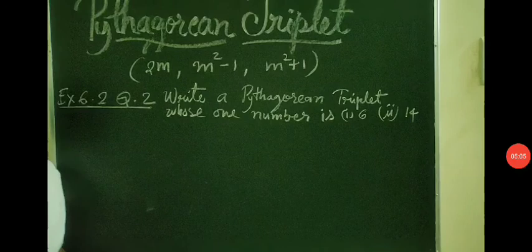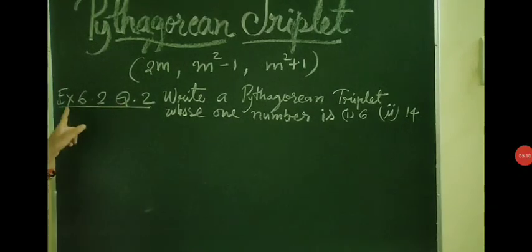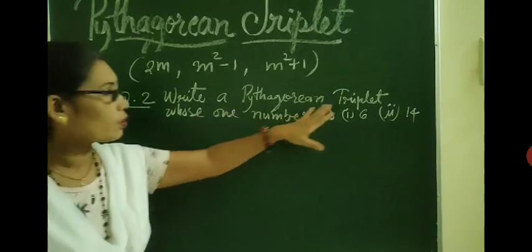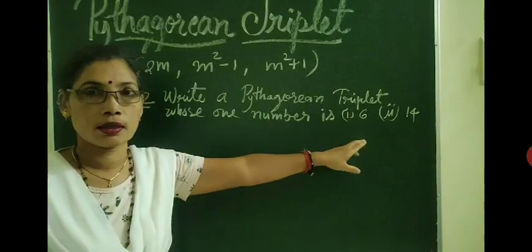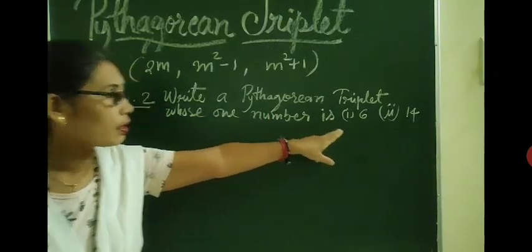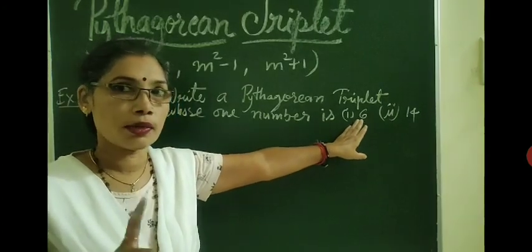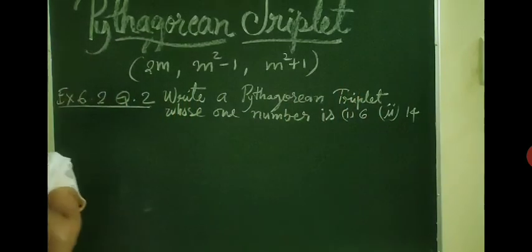So this statement is correct. Let us consider question number 2 of exercise 6.2 of class 8. Write a Pythagorean triplet whose one number is 6. There are two questions here. In the first, one number is given as 6, and in the second, one number is given as 14.